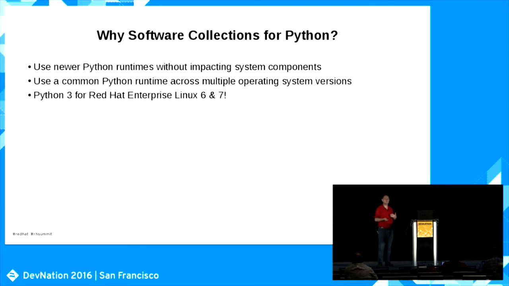If you want to use Python 2.7 on both RHEL 6 and RHEL 7, you can. If you want to use Python 3.5 on both RHEL 6 and RHEL 7, you can. And that's the last point there. It's the way to get Python 3 for Red Hat Enterprise Linux 6 and 7. We don't ship a system Python 3 on those operating systems. If you want to use Python 3 on RHEL, you need the Red Hat Software Collections.